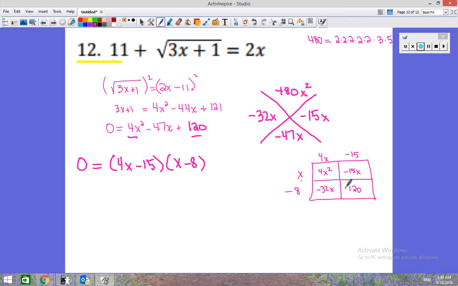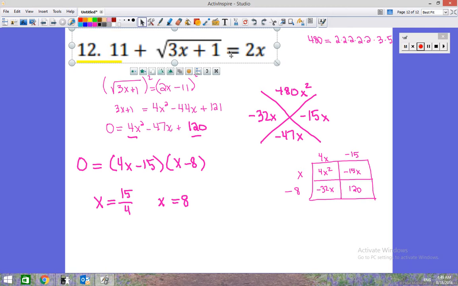So that was a long and embarrassing drawn-out process. Sorry about that, especially for the last problem. I'm sure you probably fast forward through this by now. A possible solution is 15 over 4. Another possible solution is 8, but we need to check that.